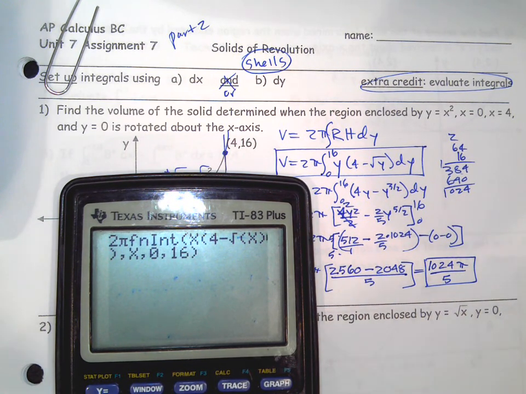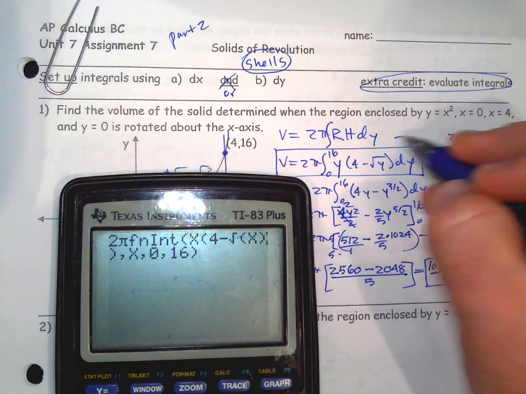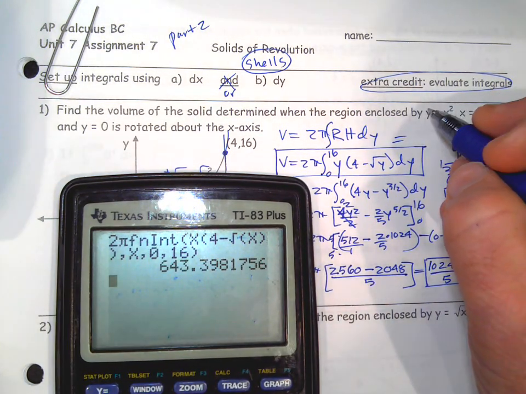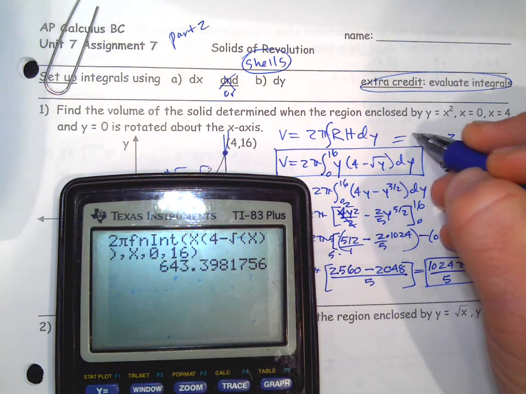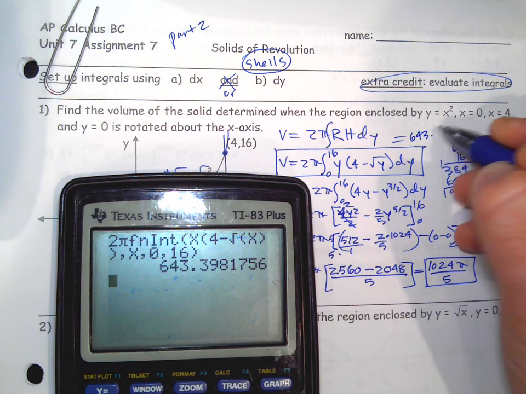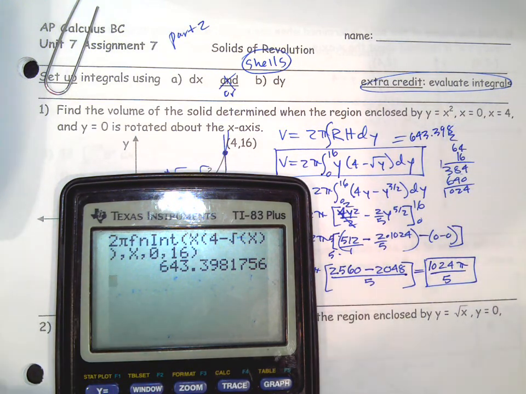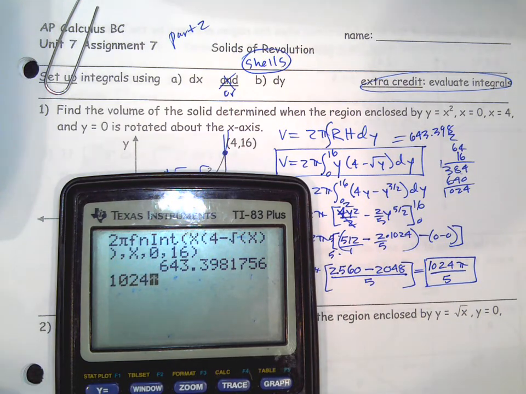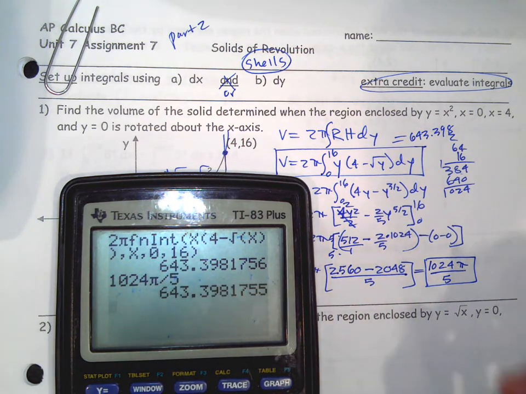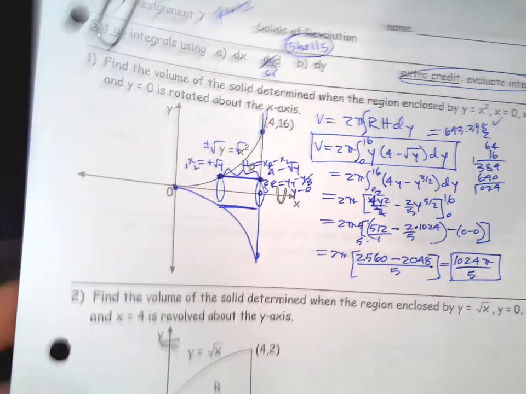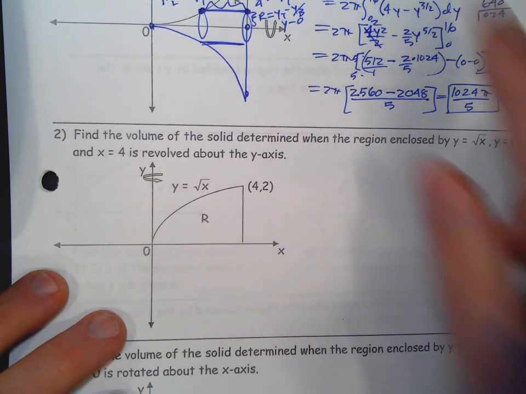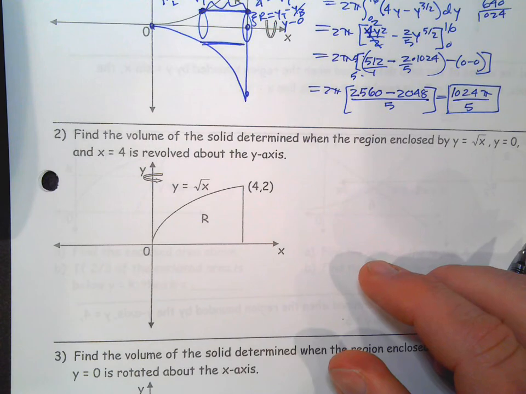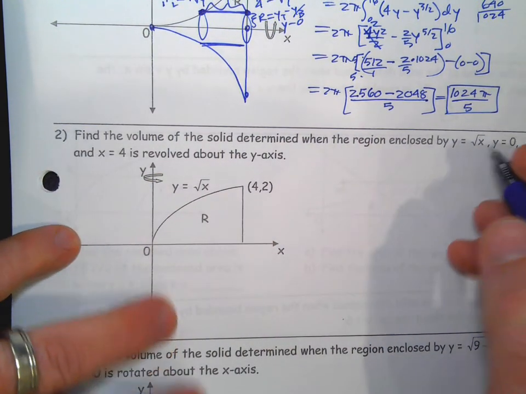So this should give us the decimal answer. 643.398, which is what we got before. And just to double check, 1024 pi divided by 5 is the same thing. So it's good. That's the way you can check your answers if you're doing them by hand, and then check them against the other method, see that you get the same decimal.